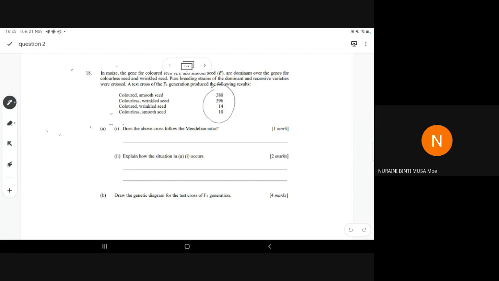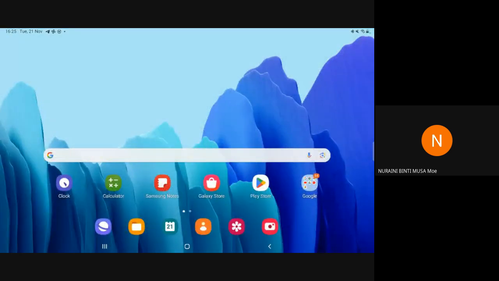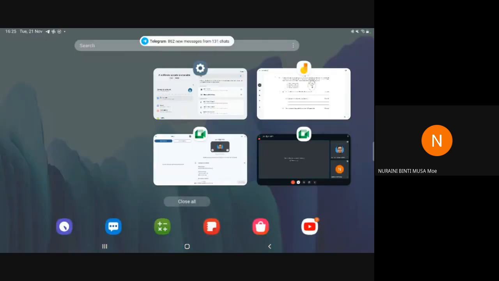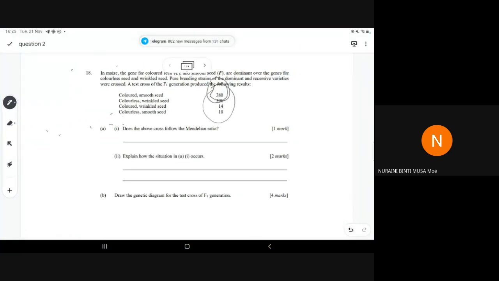If they're giving you a ratio yang pelik macam ni, ada dua nombor yang sangat besar, the two big numbers are 1 to 1, while the two smaller numbers are also 1 to 1. So dia 1 to 1 and 1 to 1 instead of 1111. That means this does not follow the Mendelian ratio, and thus meaning that they are actually linked genes.